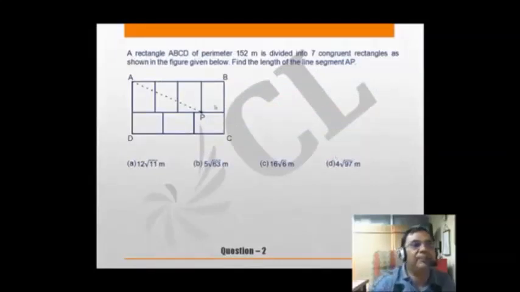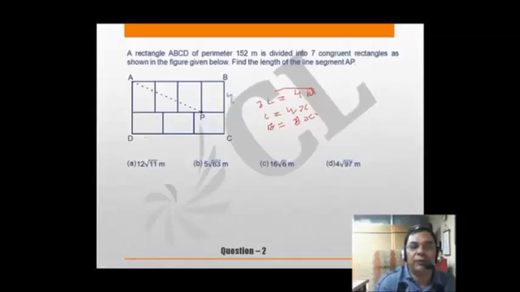So this question we always calculate by this method. 3 lengths is equal to 4 breadth. So length is equal to 4x, breadth is equal to 3x. Just see this.